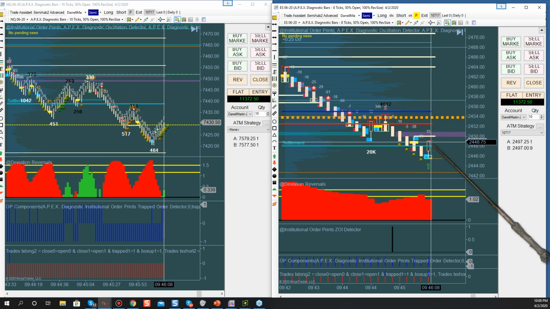All right, now we got a long. We're on a wall. It's above settlement. It just pulled down to settlement. We have a very, very strong downtrend.